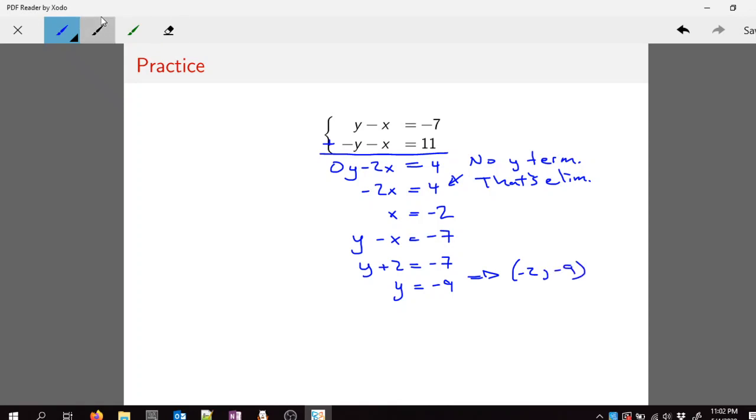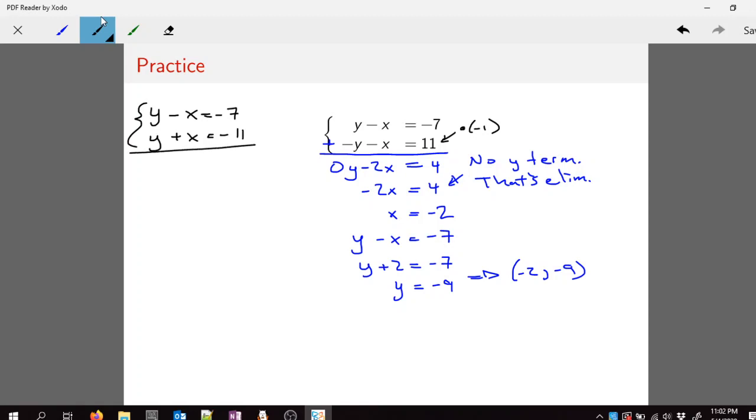But there's something else that we could do here. I could take, say, this equation right here and multiply it all by a negative 1. That would give me the system y minus x equals negative 7, and then changing every single sign, y plus x equals negative 11.